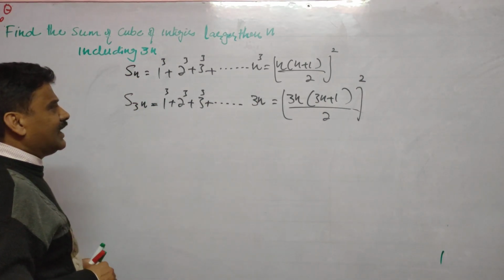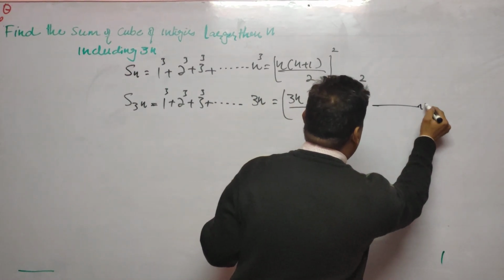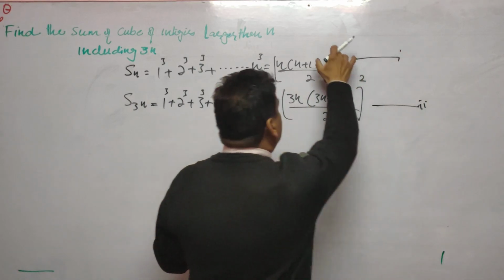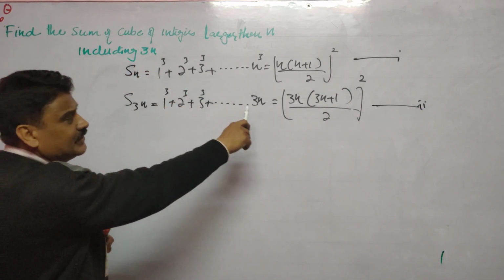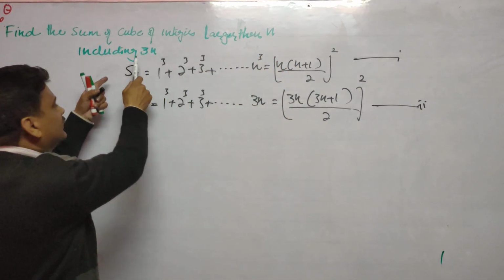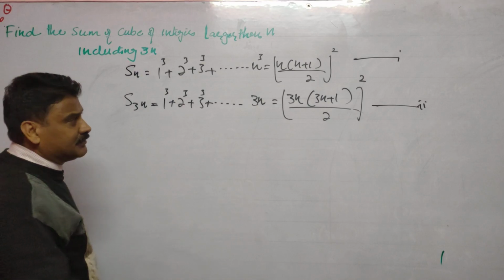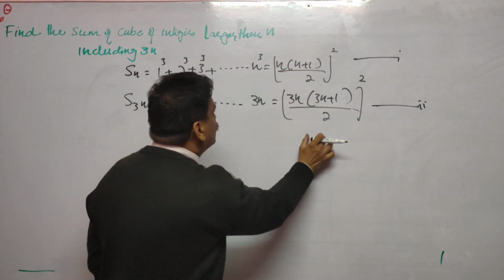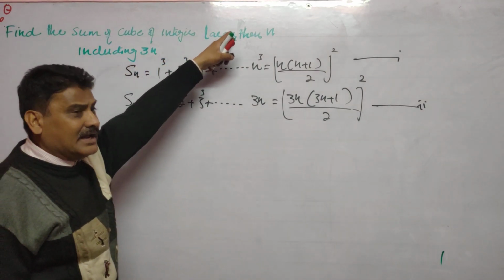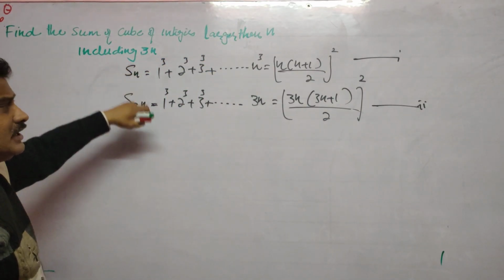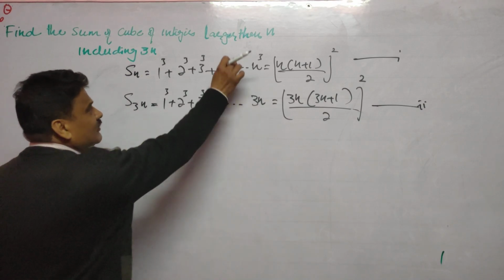We just subtract this one from 2. To get the sum of cubes of integers larger than n including 3n, we just subtract 1 from 2.